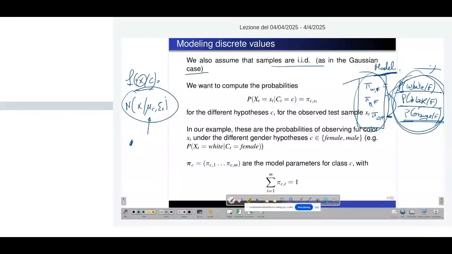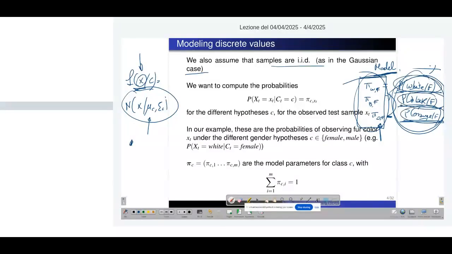So essentially, I would need to express the values for all possible inputs. These are continuous, so they are a dense, infinite number of values. Here, the possible values are just three, so I can easily say those three values are themselves the parameters of my model. So in this case, the model is very simple, and the parameters describe directly the quantities that we want to compute.